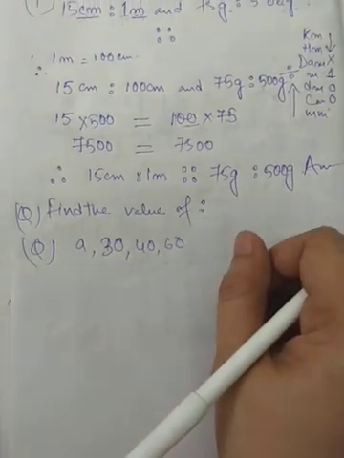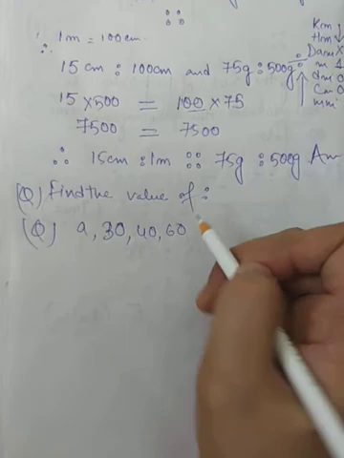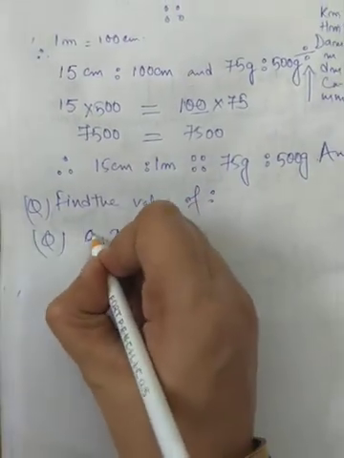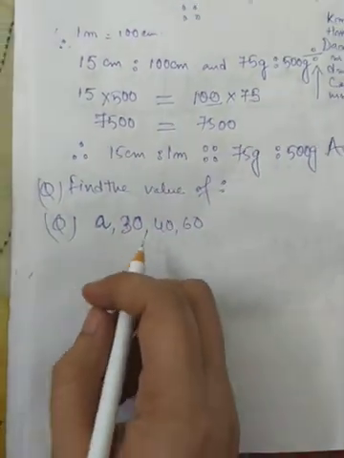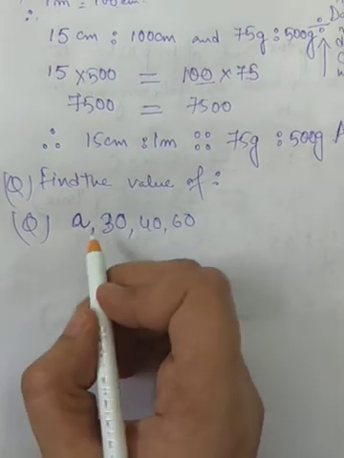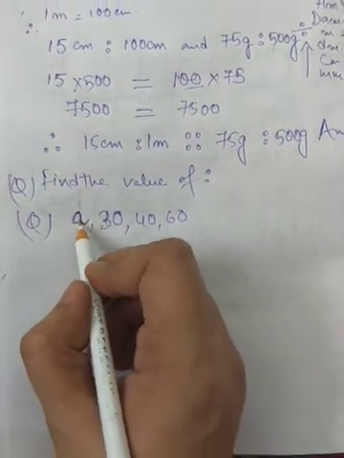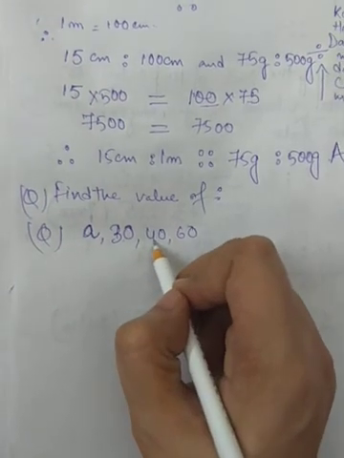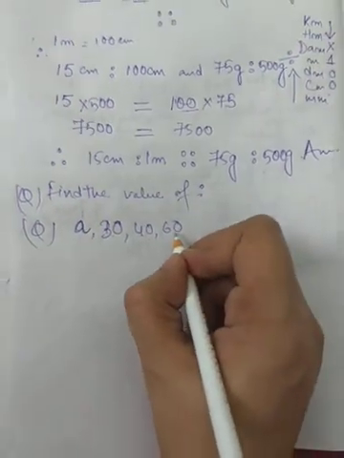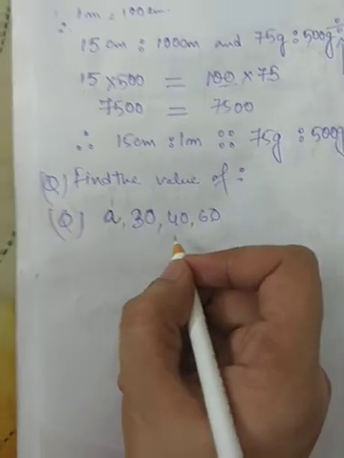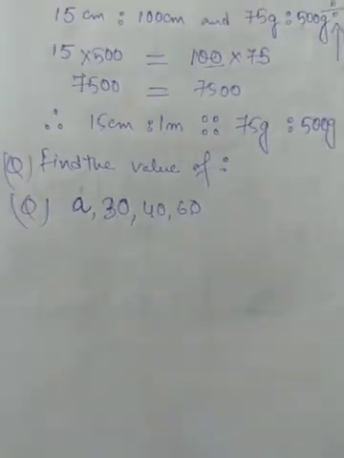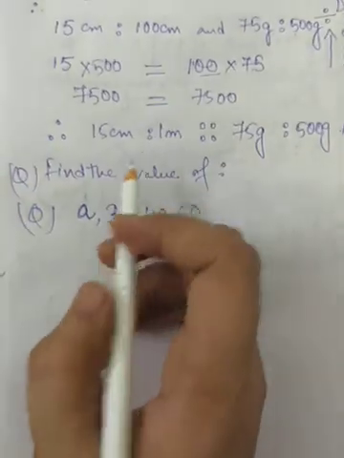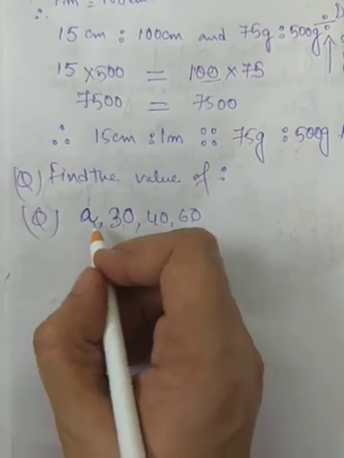Now let us see one more question. Find the value of A. This is a very common type. So we have to find the value of this number. The first term is A, second is 30, third term is 40, and fourth term is 60. In the ratio we have already discussed that the first two terms are in division form.